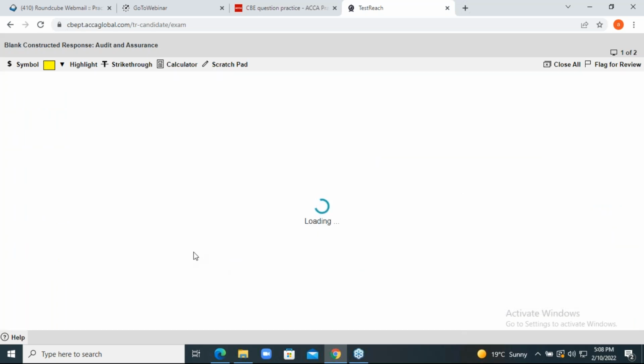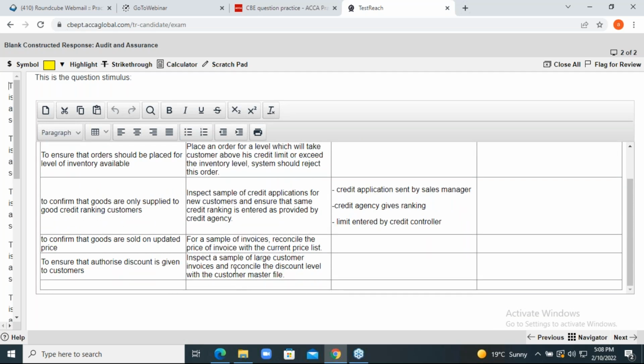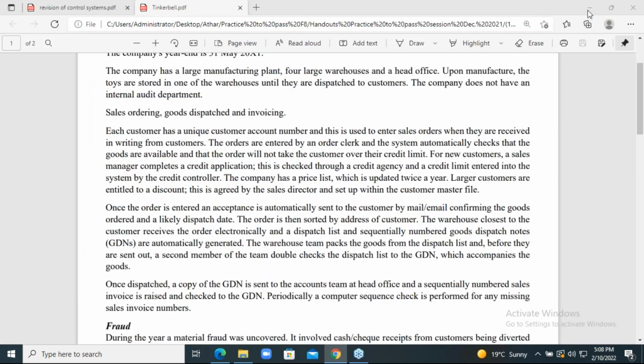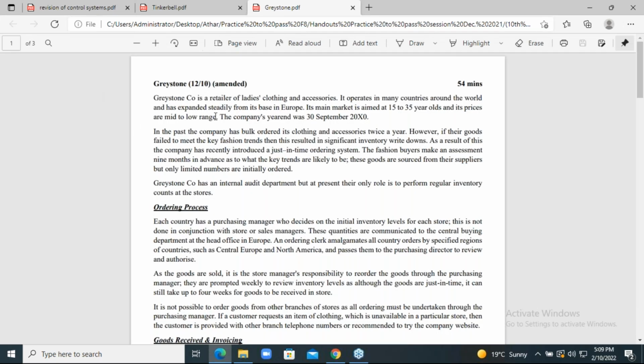Now, we are going to see another question where we will try to identify the control deficiencies and the recommendations for them. This is a question, Greystone.